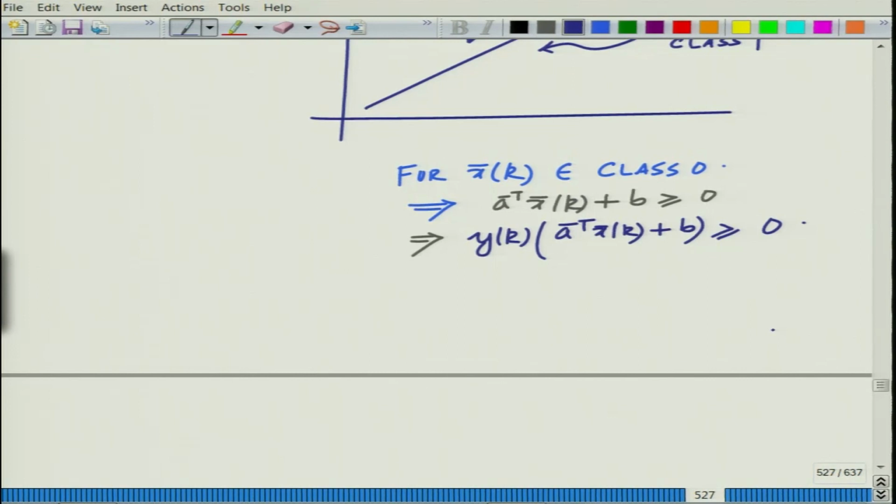This is for all points of class 0. You can also call yk the class label or class response.